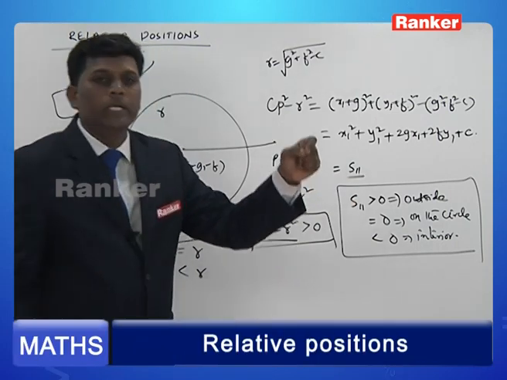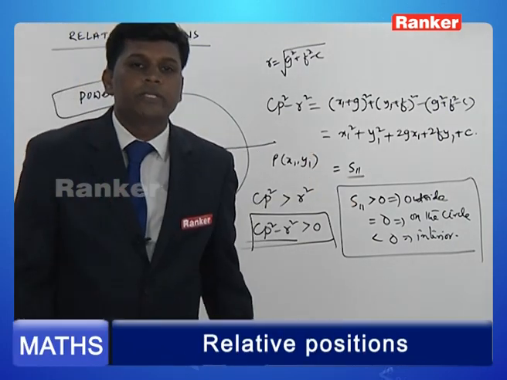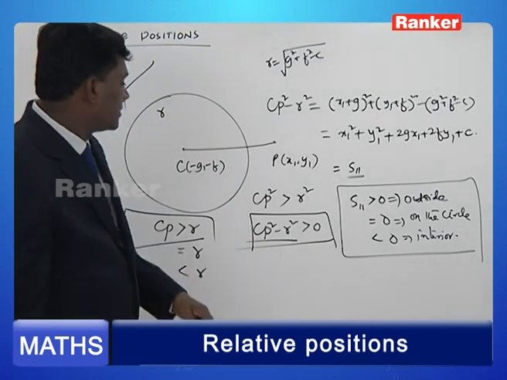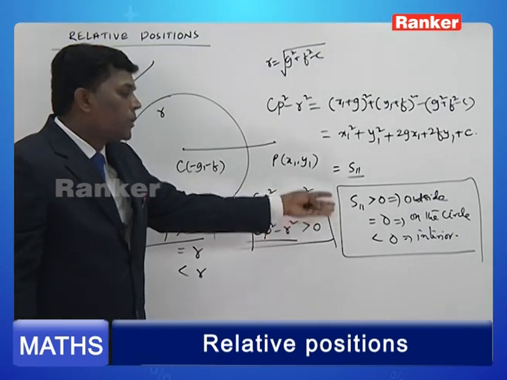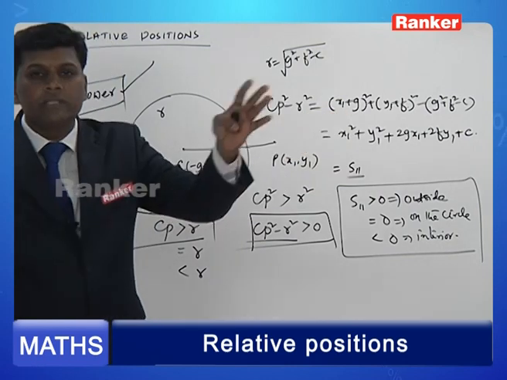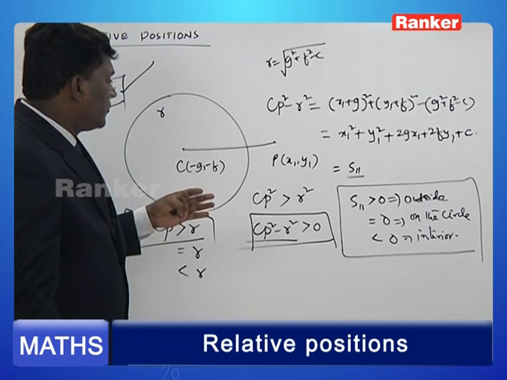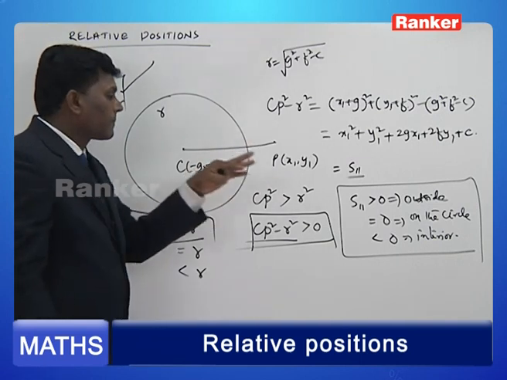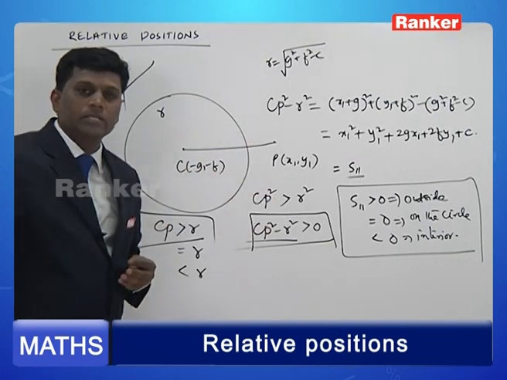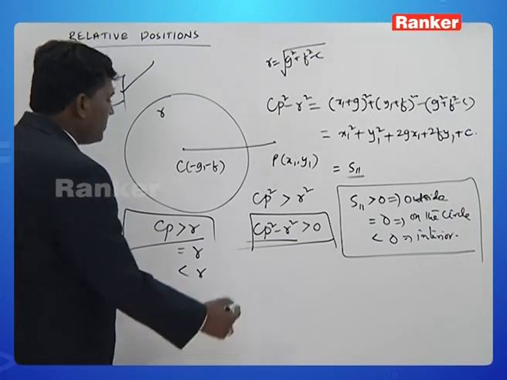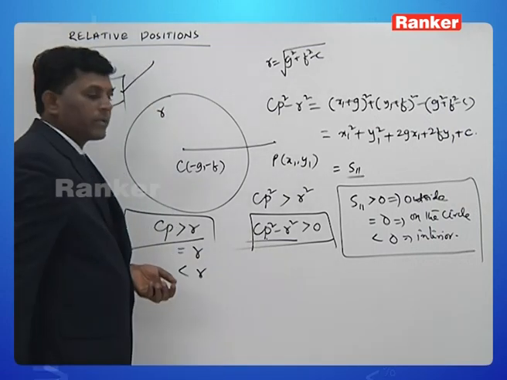Simply, the given point is substituted in the circle equation, and whatever value is obtained will decide its position: positive, outside; equal to 0, on the circle; and less than 0, interior. Now, if you analyze the range of the power of a point with respect to the circle, here CP square minus r square is the power.